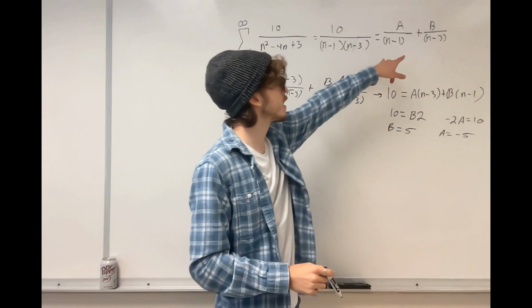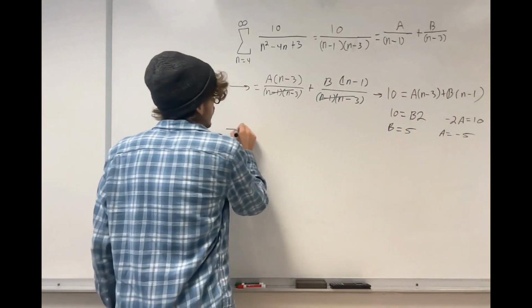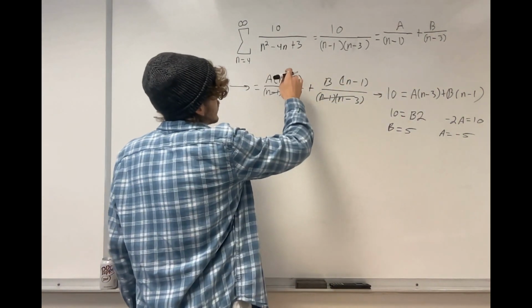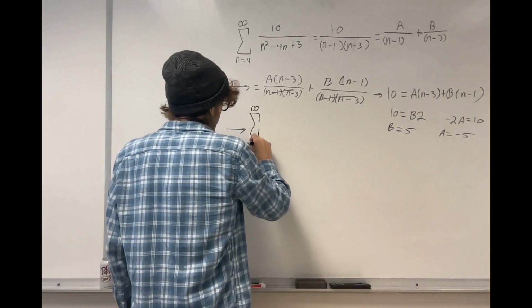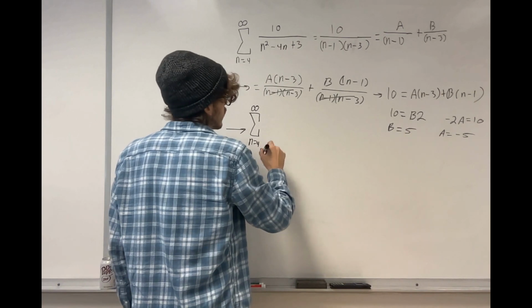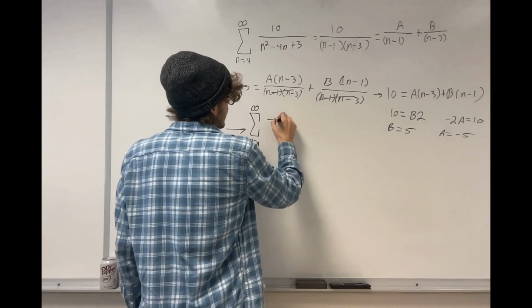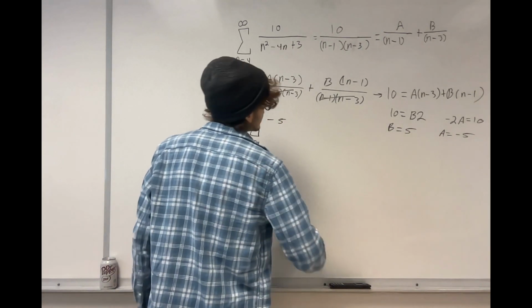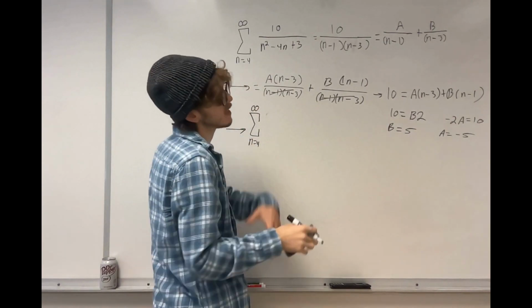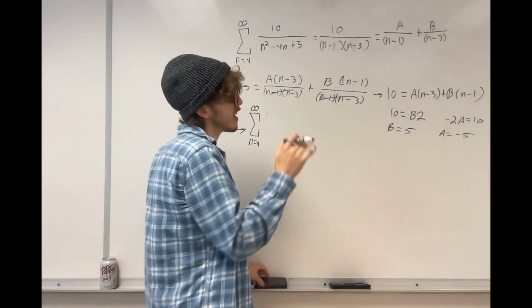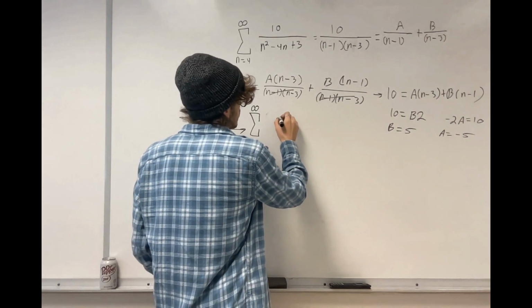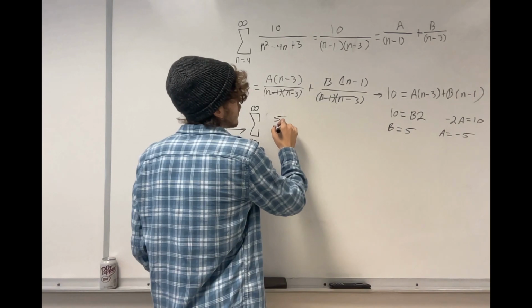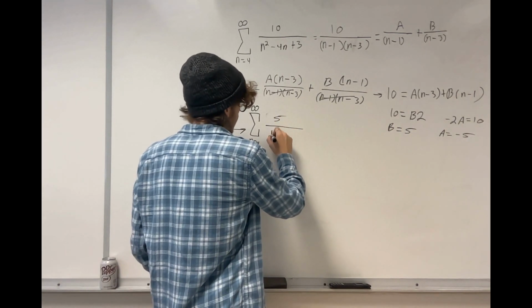So we're going to go back up to this factor here and say our overall series is equal to the series from n equals 4 of a, which is negative 5. Let's actually rewrite this as b plus a, because we want to subtract it. b is going to be 5 over n minus 3.